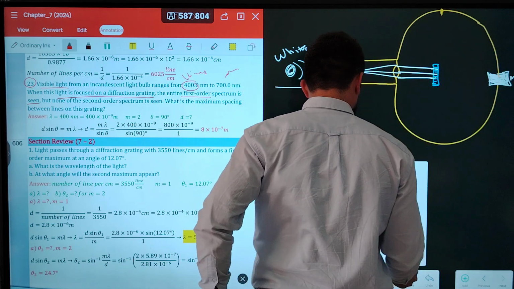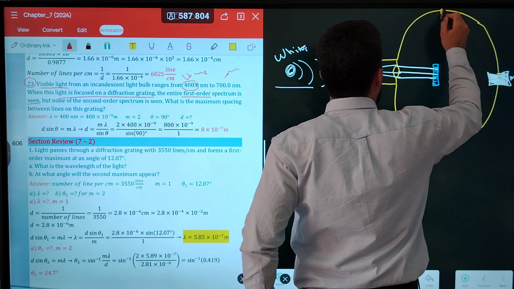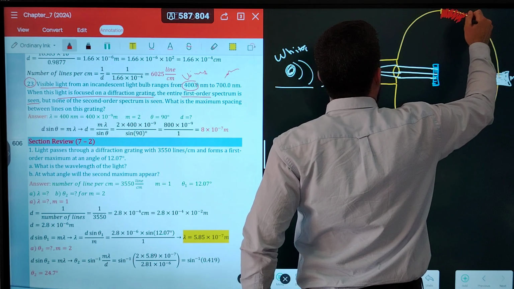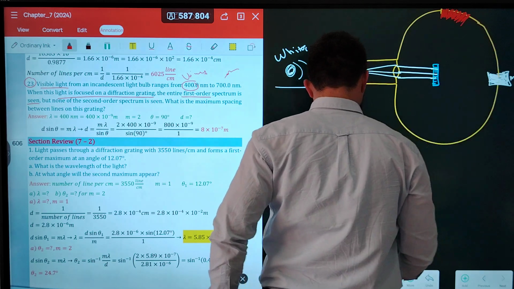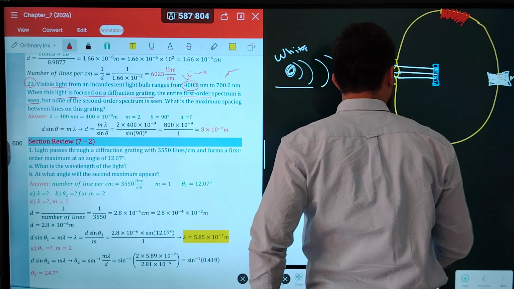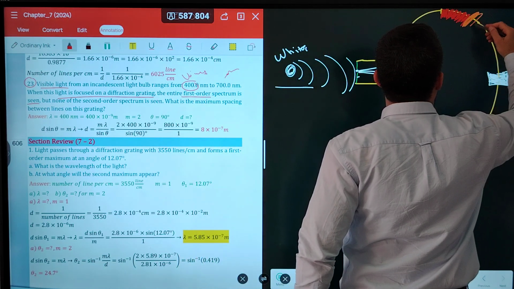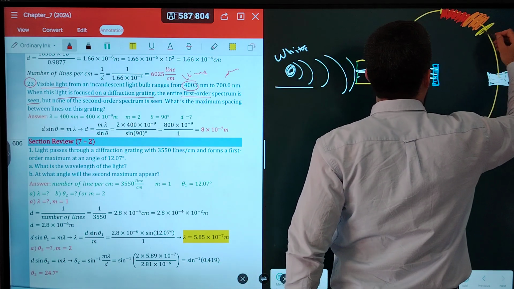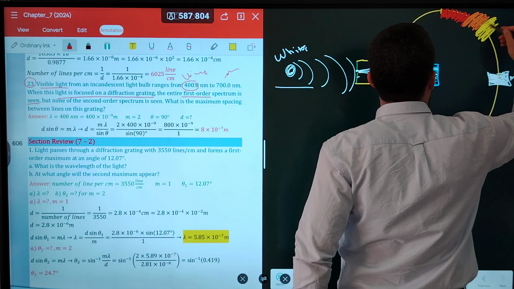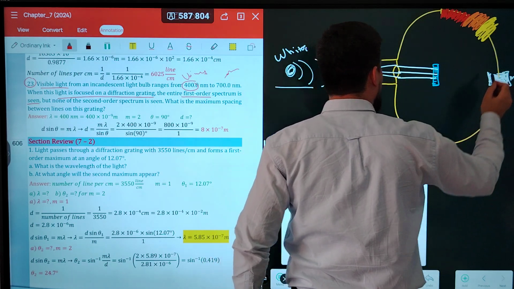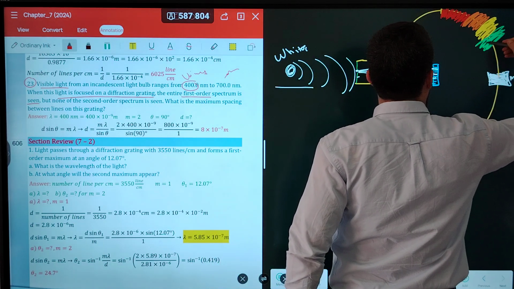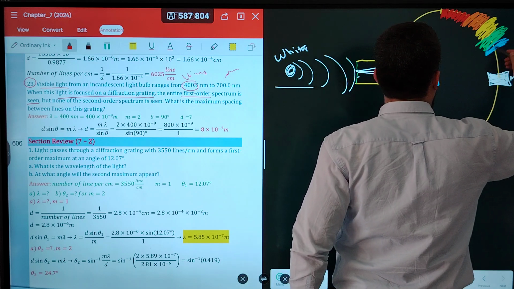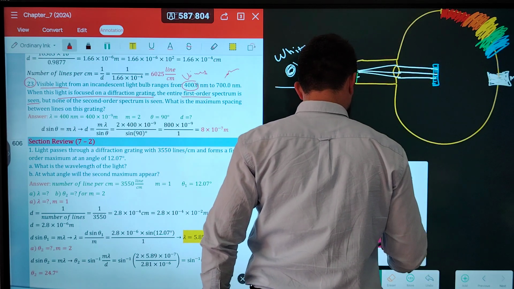So the red should start from here. Red, orange, yellow, green, blue, indigo.